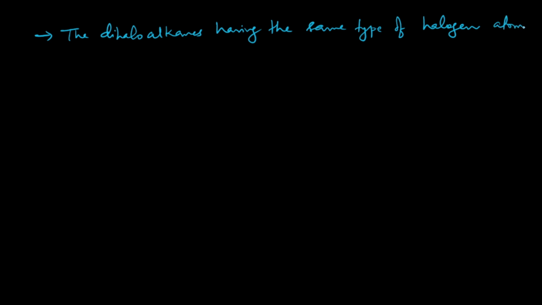The dihaloalkanes having the same type of halogen atoms are named as alkylidene dihalide or alkylene dihalide.